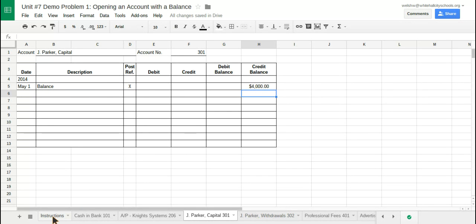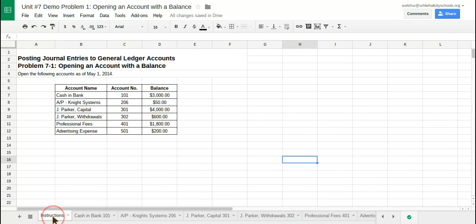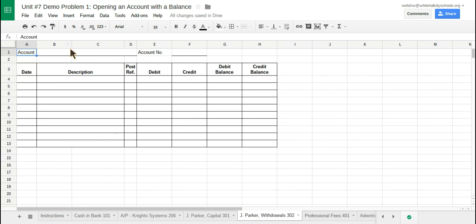So let's do withdrawals, same thing. Withdrawals, number 302 for $600. So we'll set up this ledger. J. Parker withdrawals. This was account number 302 on 2014, May 1st.